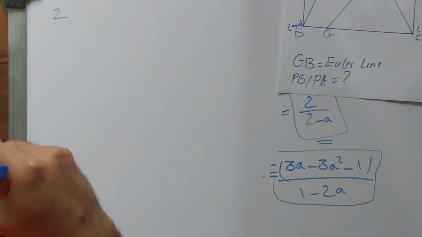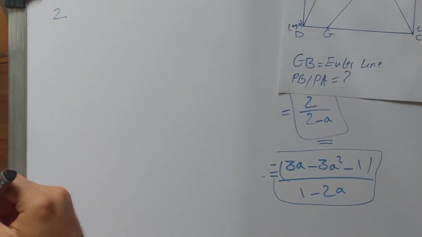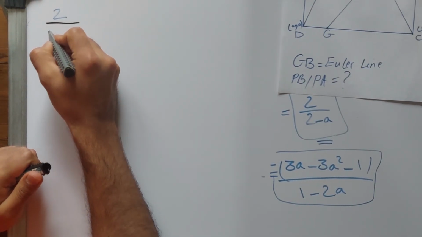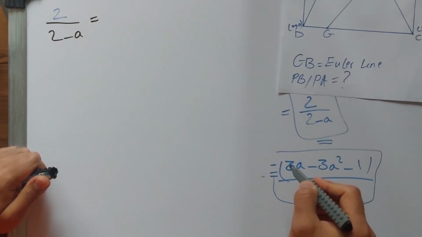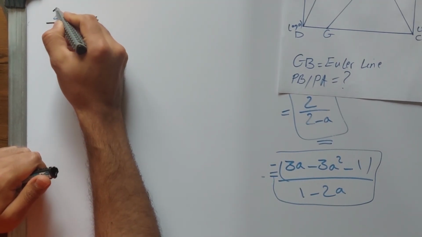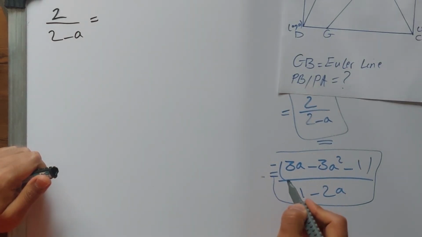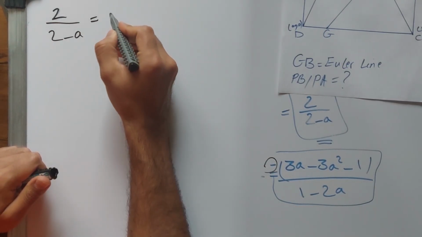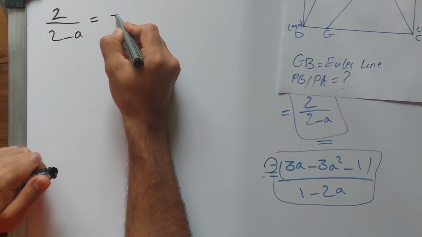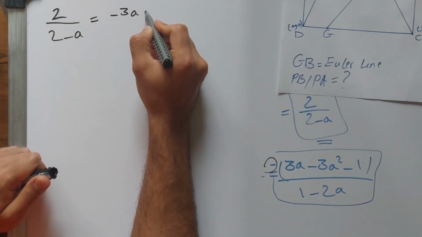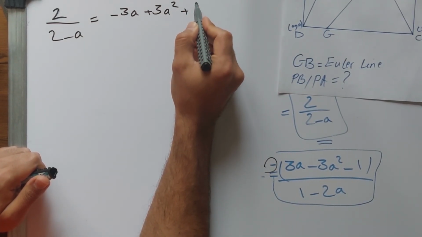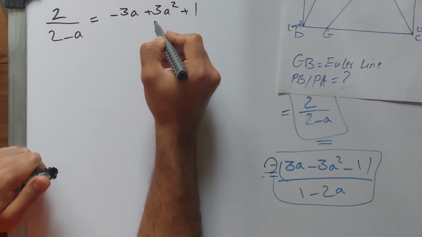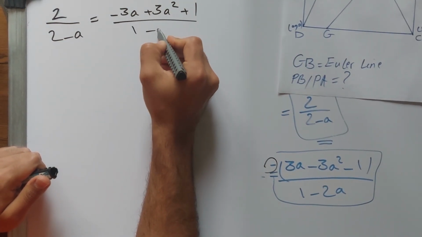Let me change the color a little bit. So 2 over 2 minus a equals this fraction, right? The first slope and the second slope. So this fraction, let's just apply this negative. So that's minus 3a plus 3a squared plus 1 over 1 minus 2a.